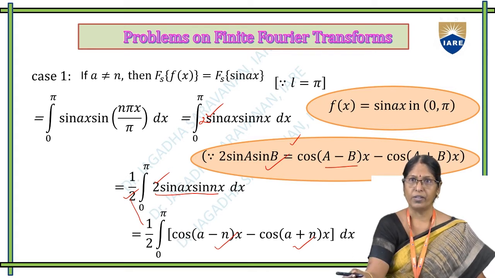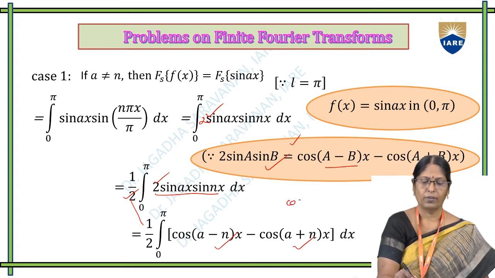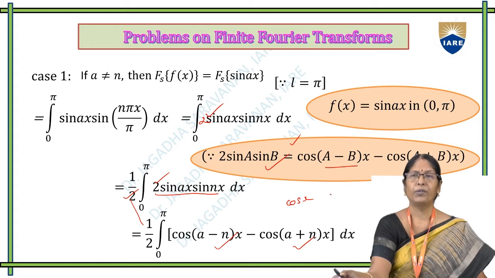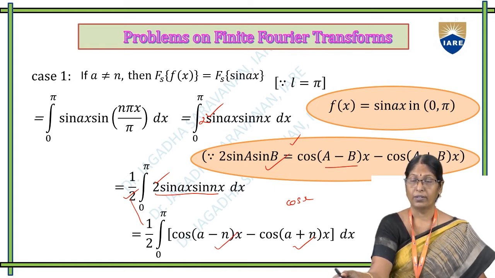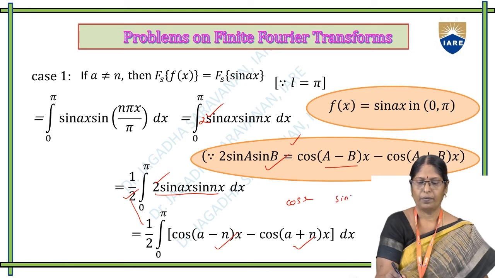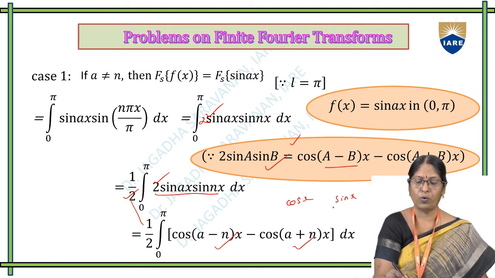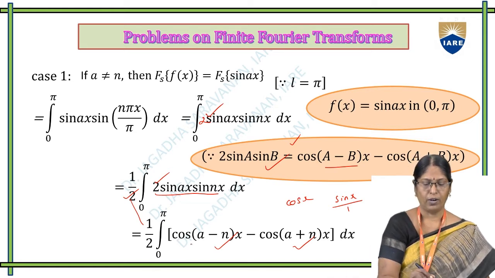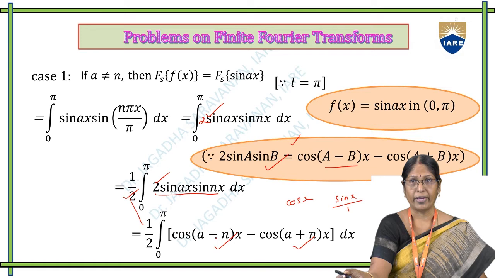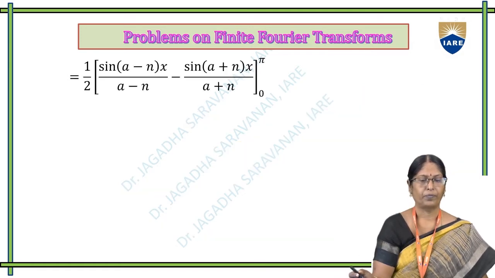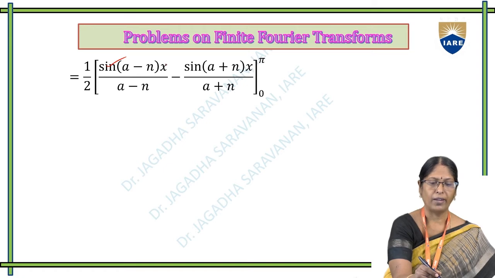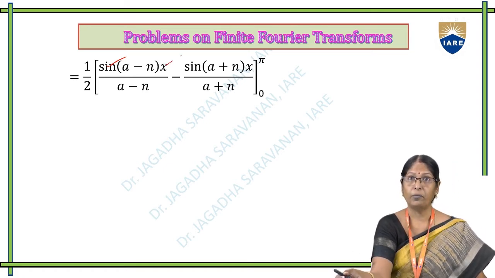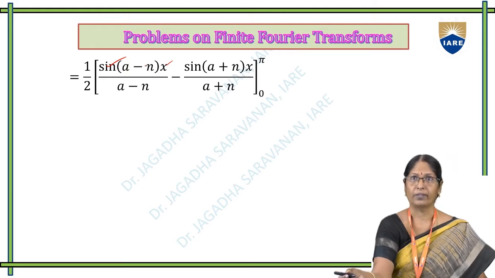Now we have to do this integration. Before that, for cos x, everybody will immediately say the integration is sin x. But the coefficient of x is 1, so it is divided by 1. This concept is very important. In the same manner, for cos of (a minus n) of x, the integral is sin of (a minus n)x divided by the coefficient of x.